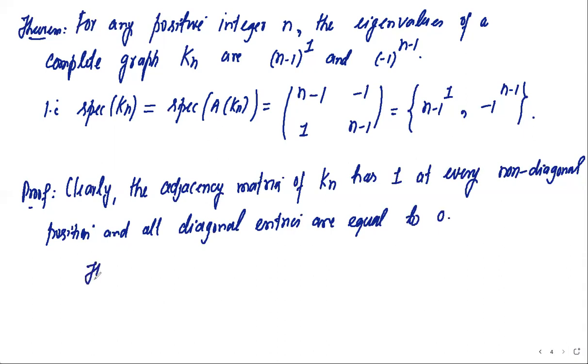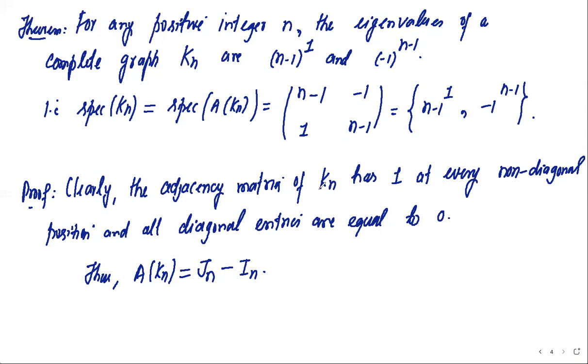So thus, the adjacency matrix of Kn can be written as the n cross n matrix J minus the identity matrix of order n. So this clearly comes from the definition. Now, any two vertices in a complete graph are adjacent. So if we take any non-diagonal entry, that corresponds to some two vertices Vi and Vj.